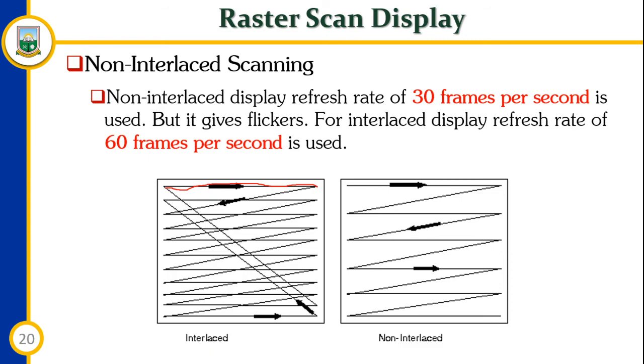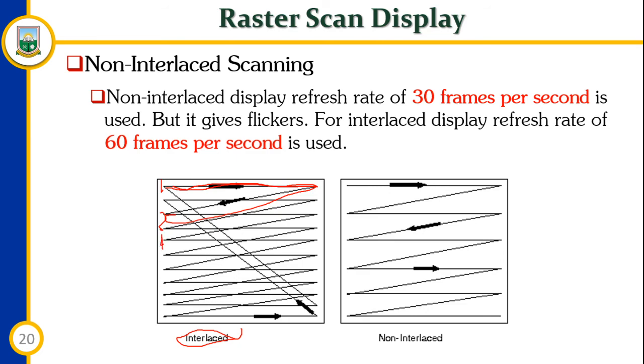So the beam draws the odd rows first, and once it's done, then it comes back to draw the even rows. So for interlace, you can see over here we have this drawing the odd, then coming back again to the third. So this is the first row, this is the third row, going back again to the fourth row.